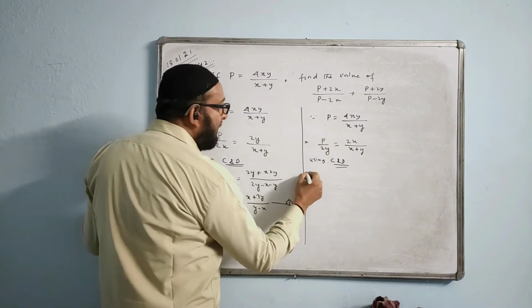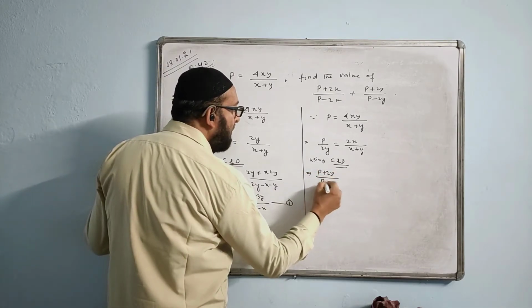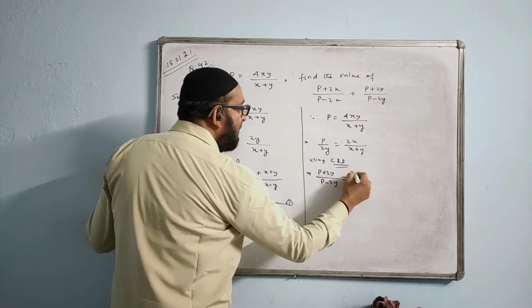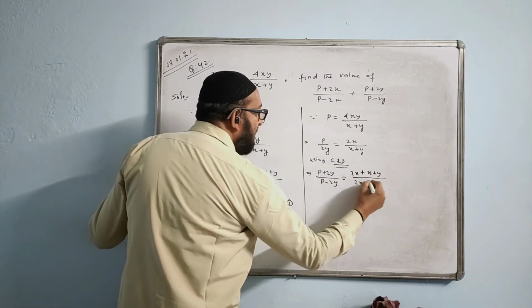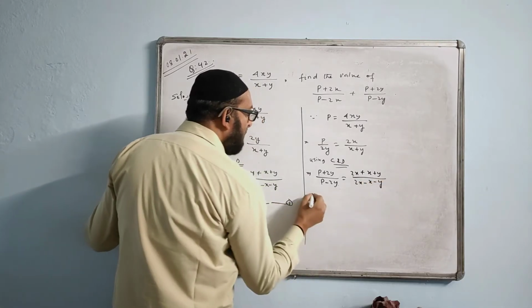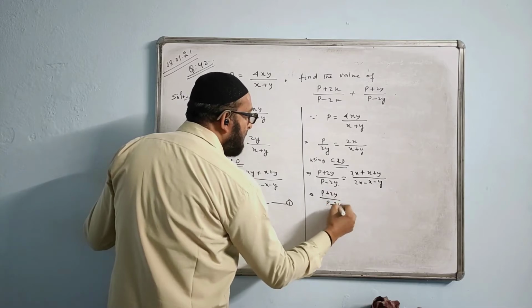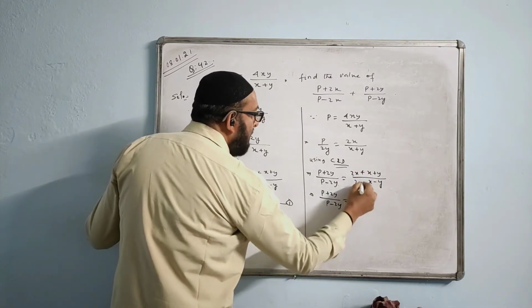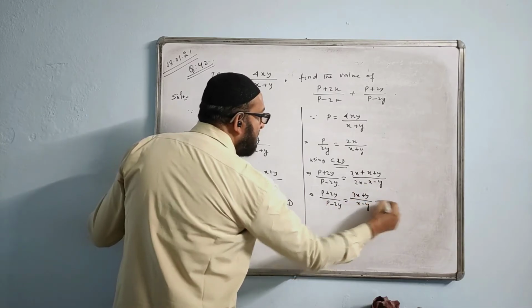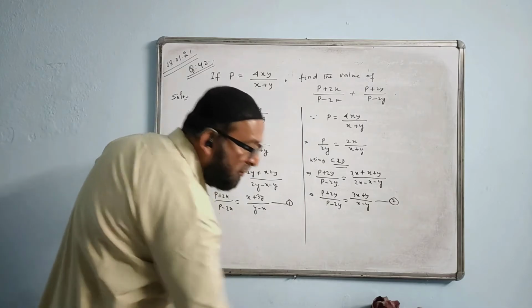This will become p plus 2y by p minus 2y equals 2x plus x plus y over 2x minus x minus y; the sign will change. Here we get 2x plus x gives 3x plus y, and the denominator gives x minus y. This is equation number 2.